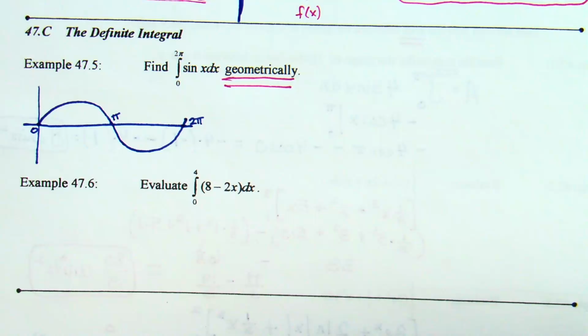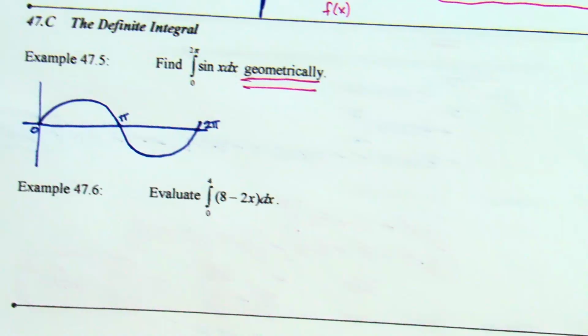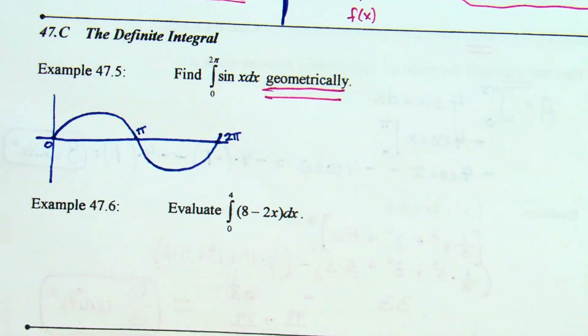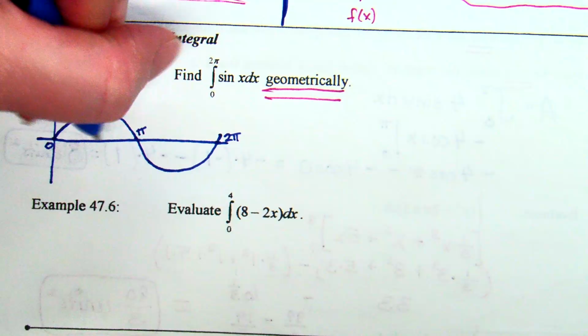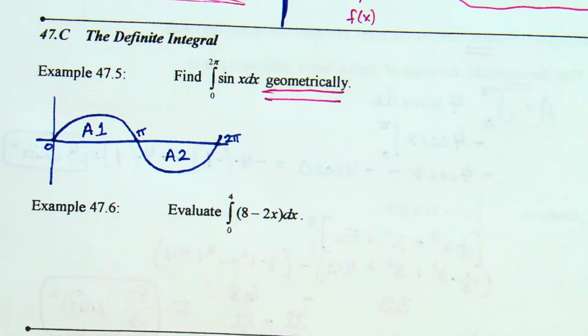And we start at 0. Now, officially, if we're going to find this geometrically, what do you notice about these two? They're the same, yes? Okay, so what I would call area 1 and area 2 is the same.